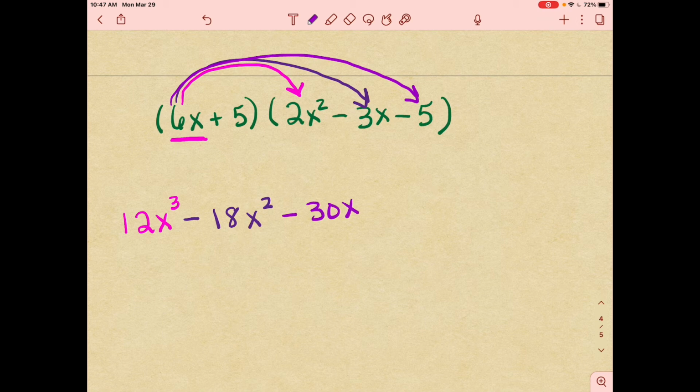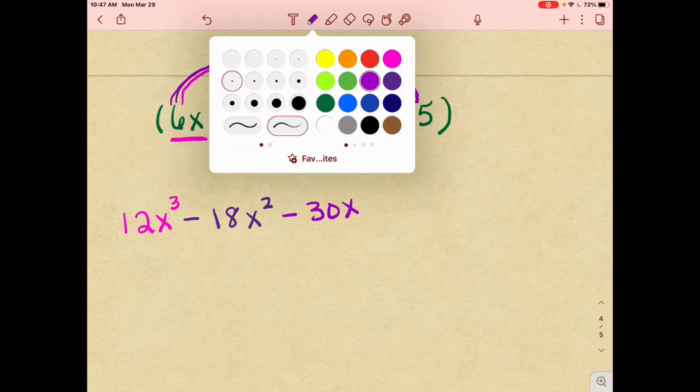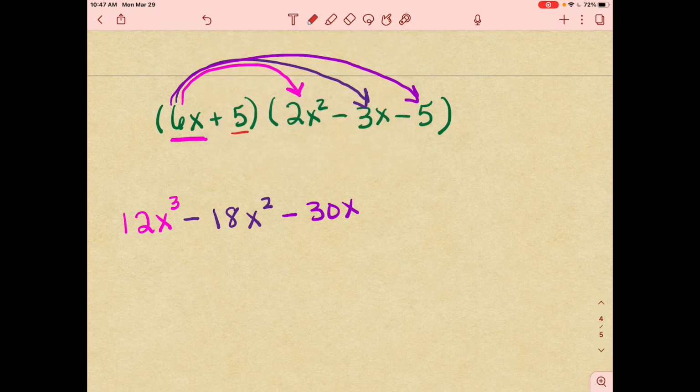So we're done with the 6x, but we're not done with the 5. The 5 needs a turn. You can draw your arrows over the top, underneath, it doesn't matter, but 5 is going to get to multiply times each thing in the other parentheses. We have 5 times 2x squared, which would be plus 10x squared. 5 times 2 is 10, and then we have the x squared.